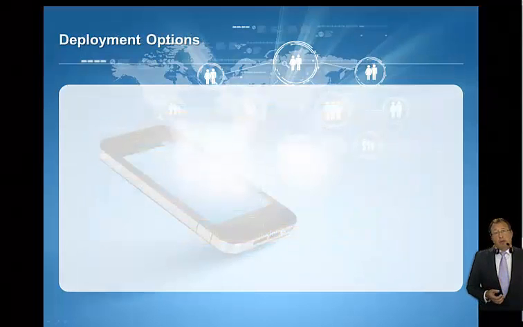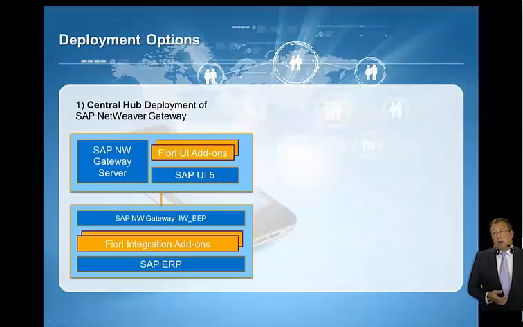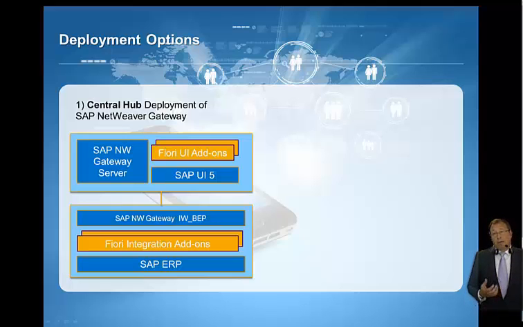Moving on to deployments, there are a couple of ways to deploy it. We would recommend a central hub, so putting the gateway server on its own ABAP infrastructure. This means that you can have multiple ERP systems at the back end and all go through the one hub, so to speak, to present data from multiple SAP systems at the back end.